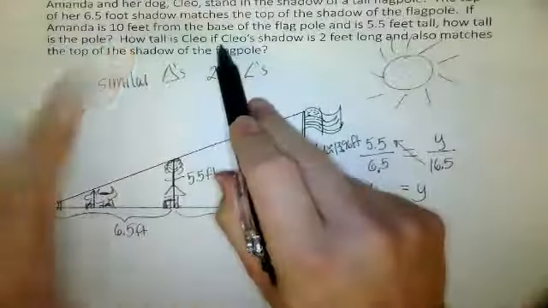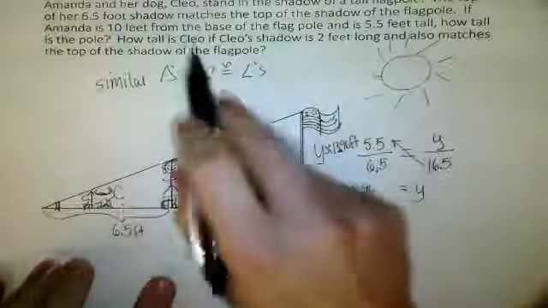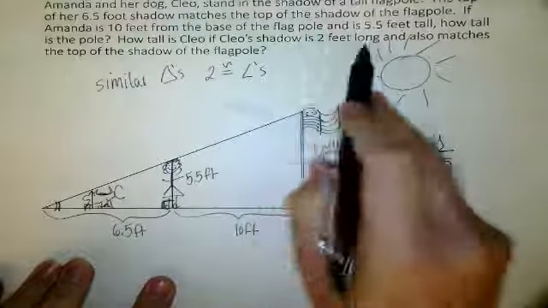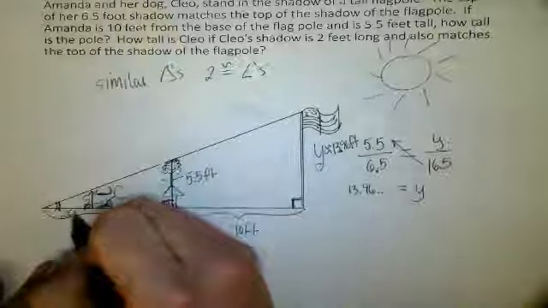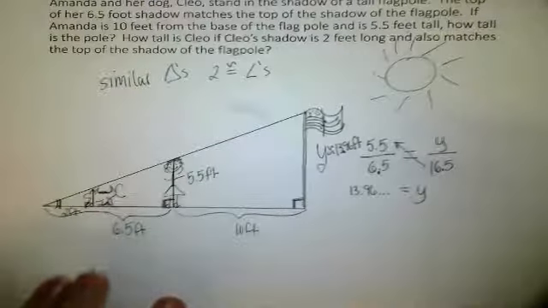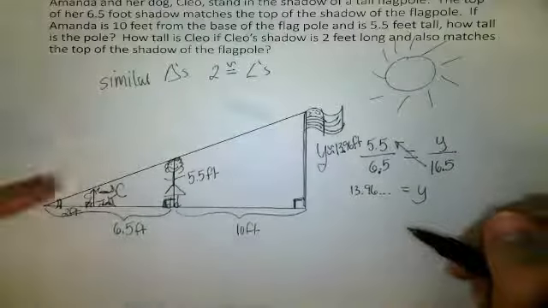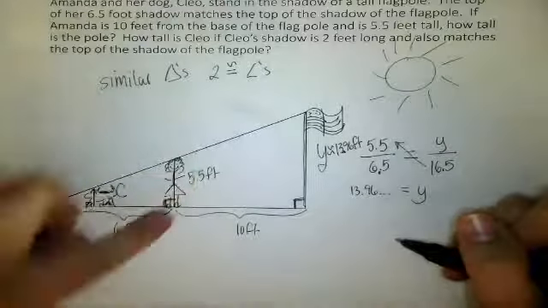How tall is Cleo? So I want to find Cleo's height. I'm just going to call it C for Cleo. If Cleo's shadow is 2 feet long, what can we do to find Cleo's height then? Another ratio, another proportion. So again, I'm going to use my numbers because they're nice.